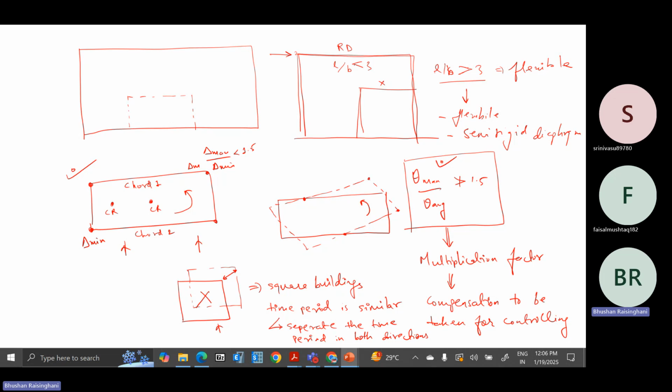So once you go with super tall buildings like we have in New York or Hong Kong, they are mostly square shape. They are very pencil type buildings. These pencil type buildings are very long but have a very small aspect ratio in plan. And these behave very well when they are provided as a square type building.